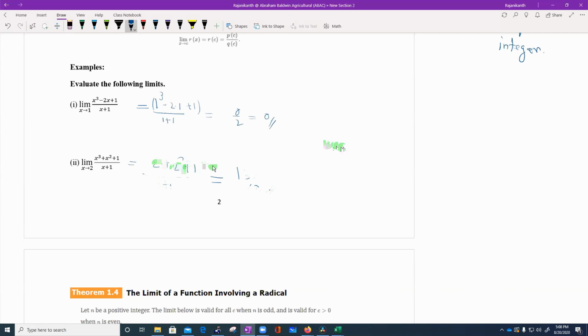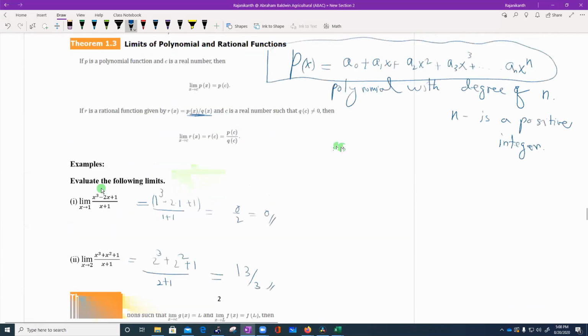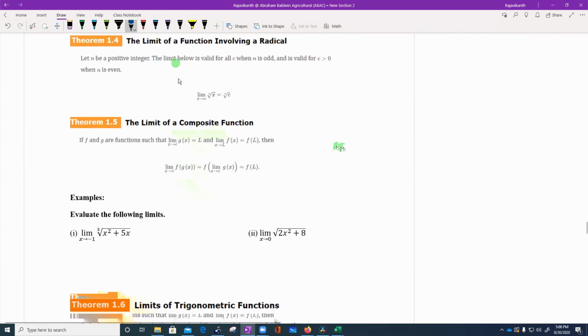Okay. Finding limits is getting easier and easier. These are all basics. So now one more thing. Again, simply plugging c in for the x value. But this is true only, right? Read this. The limit of a function involving a radical, if you have a square root or cubic root, then how do you find the limit of those functions?